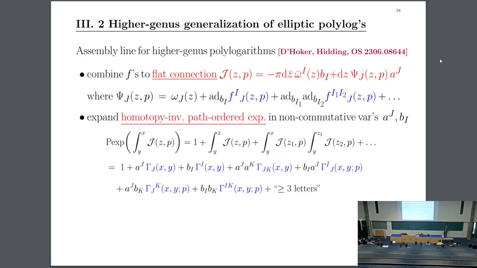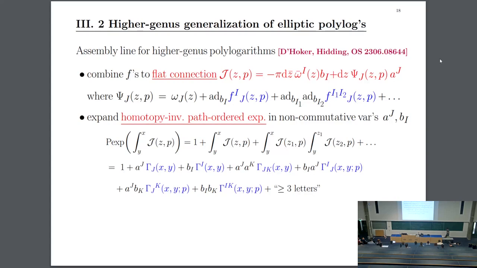So let's now build iterated integrals from this. And again, it's convenient to do this with a generating function. So let's take the path-ordered exponential of this flat connection J, which is defined to have all these iterated integrals over J. And be careful about the relative position of the left J and the right J, because all of them are full of non-commutative variables.